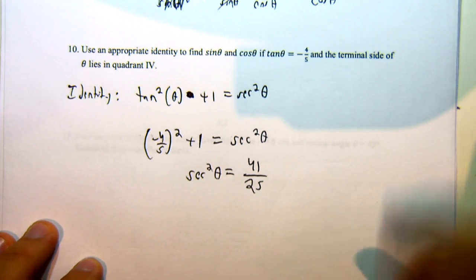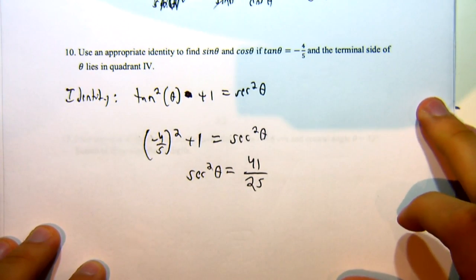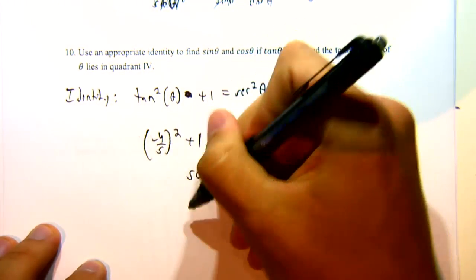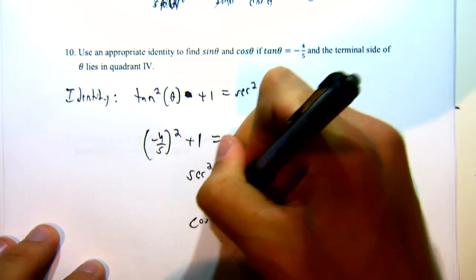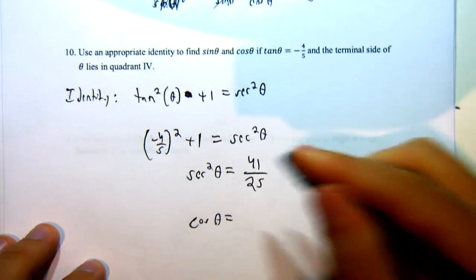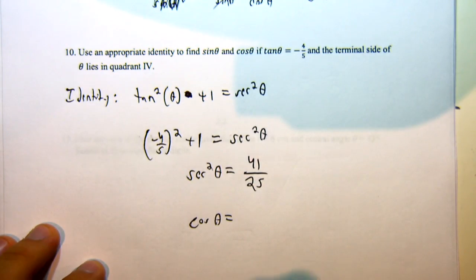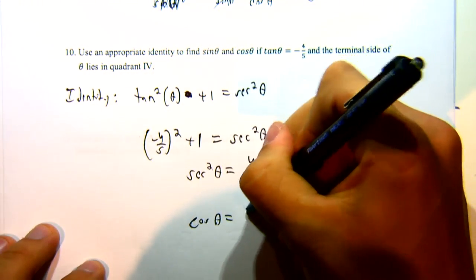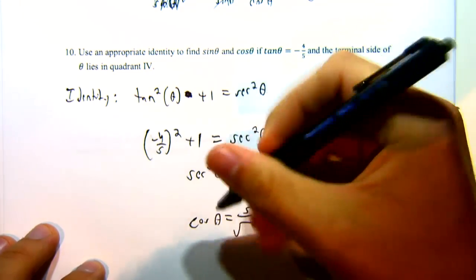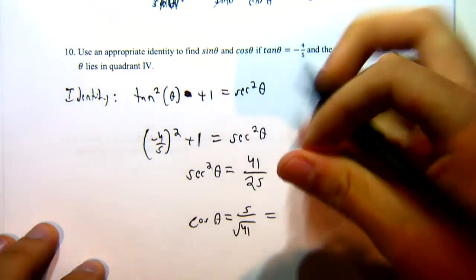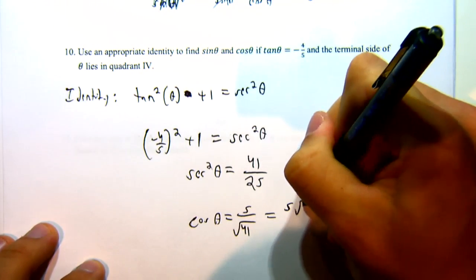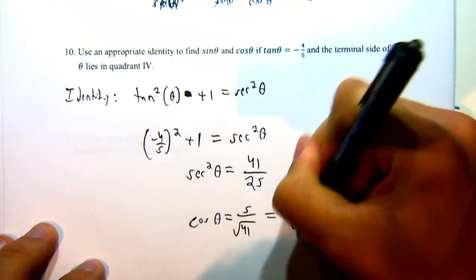So then what we do is we do cosine. We know that from here that cosine theta is equal to 5 over square root of 41. And then rationalizing the denominator, you get 5 square root of 41 over 41.